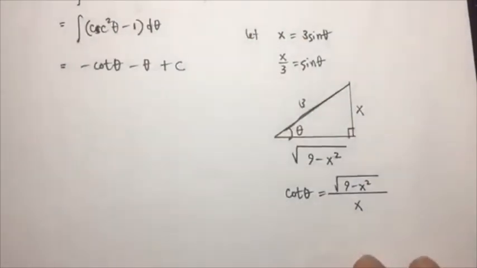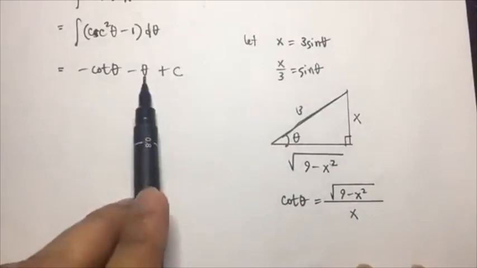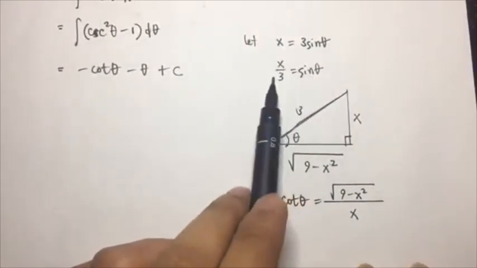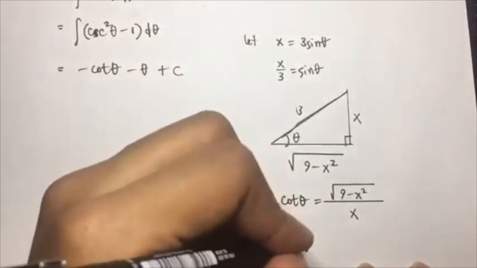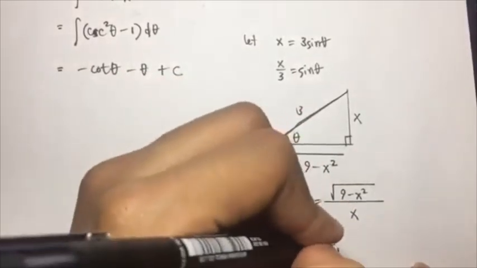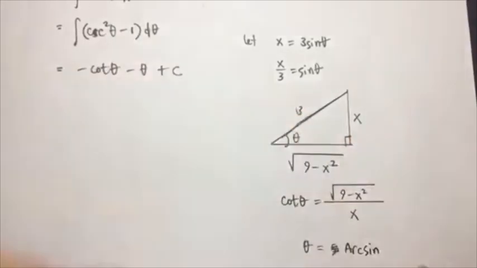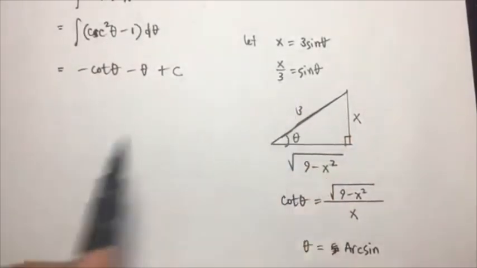Also, since we substituted sine of theta as x over 3, theta is equal to arc sine of x over 3.